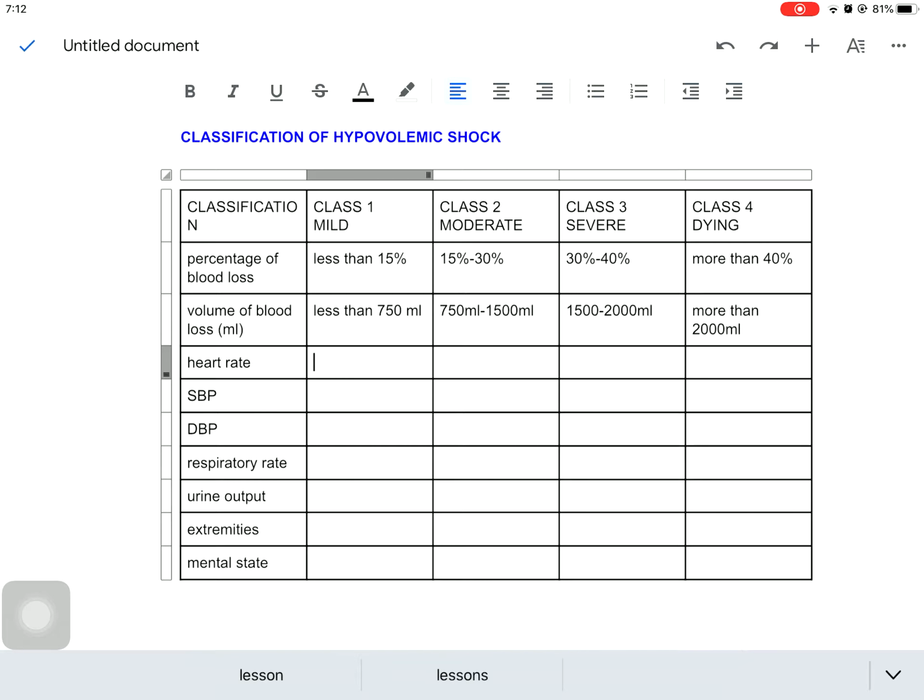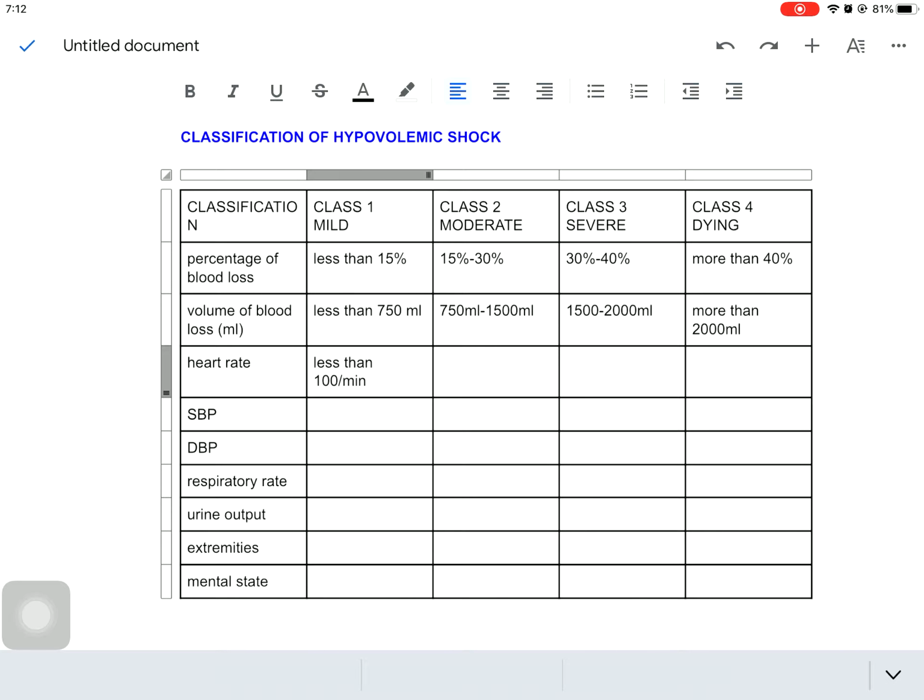For heart rate, class 1 usually have a normal heart rate, usually less than 100 beats per minute. For class 2, sometimes they have a normal heart rate or sometimes they are slightly tachycardic.